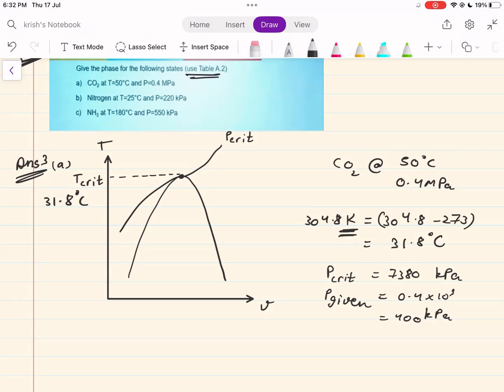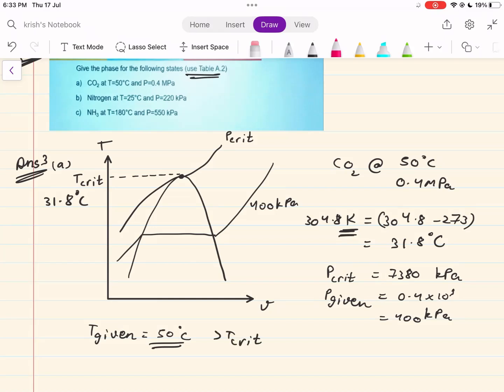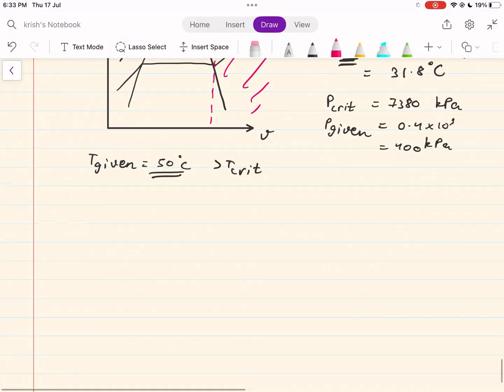Because it is less. So let's just draw it anywhere. This is our 400 kilopascal line. And now our given temperature is 50 degrees Celsius. So it is greater than T crit. It will be drawn above. So somewhere like this. Clearly we can see the intersection lies in the superheated region, right? Therefore CO2 is superheated.